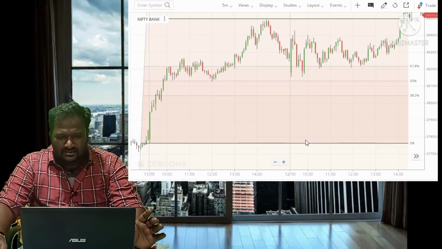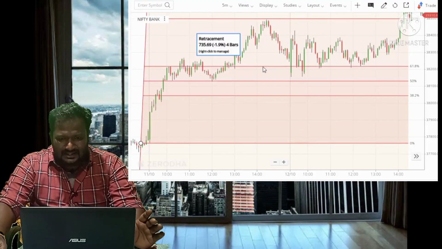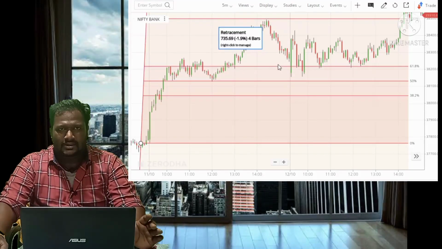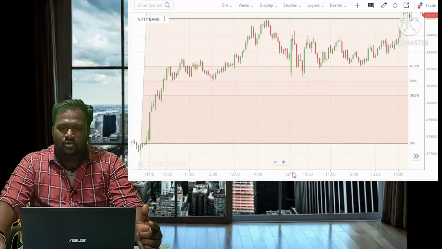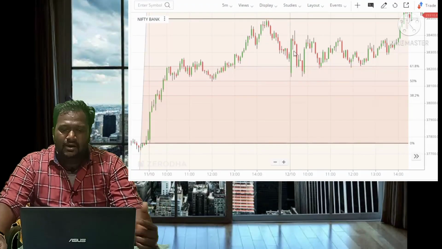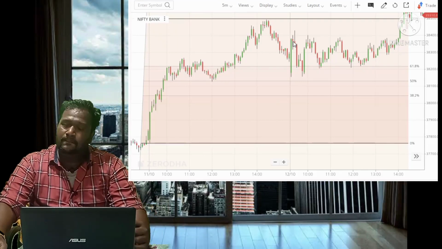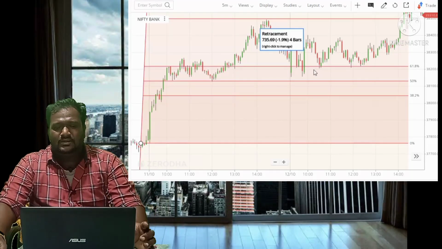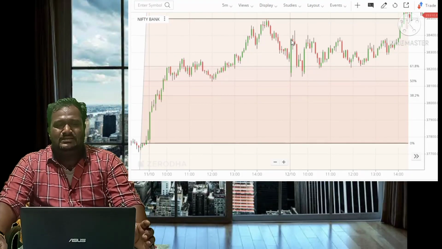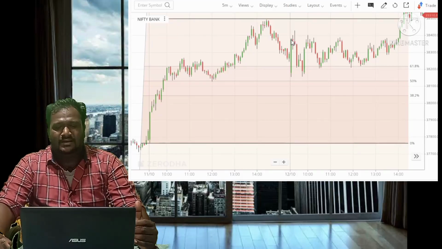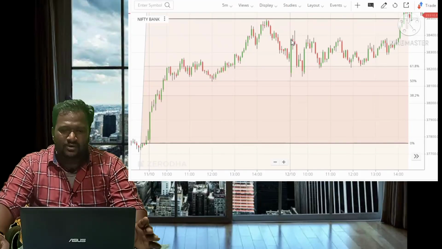Here we can see that the 12th October first candle close value lies above the 61.8 of the previous day. With this, I can declare this is clearly an uptrend market, because it lies above the 61.8%.